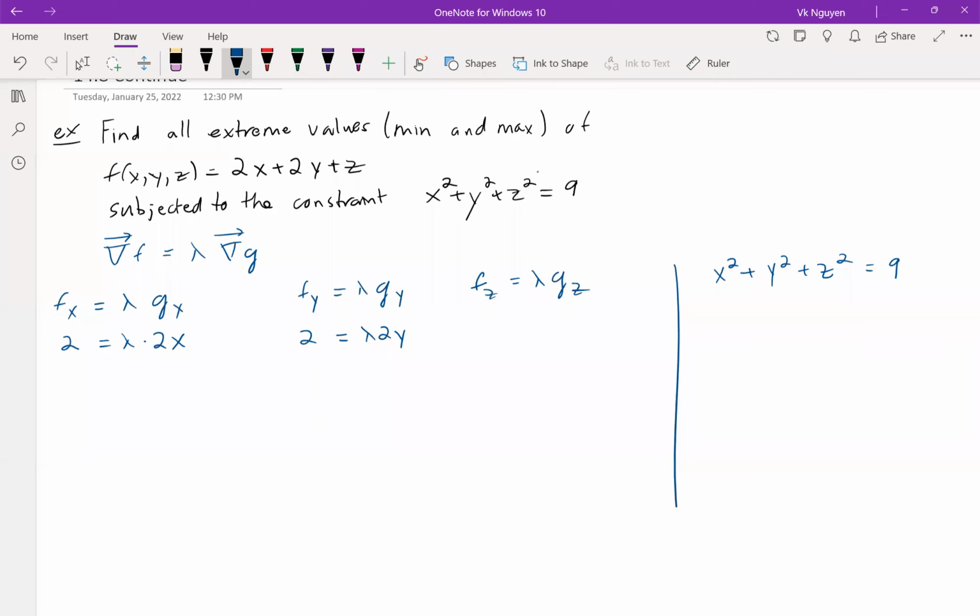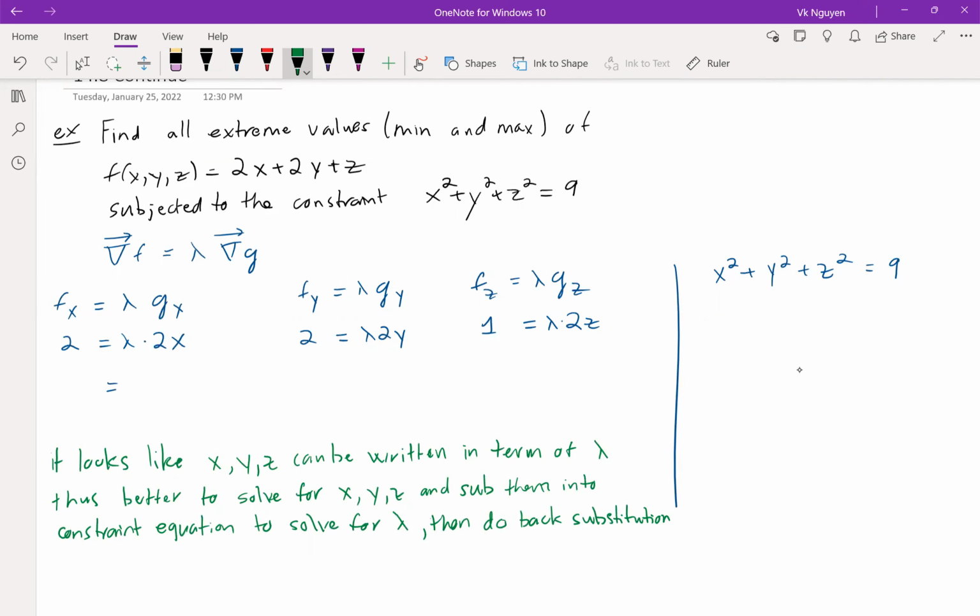And then for this one, it's just 1 equal to lambda times 2z. So x equals 1 over lambda, y is equal to 1 over lambda, z is equal to 1 over 2 lambda.